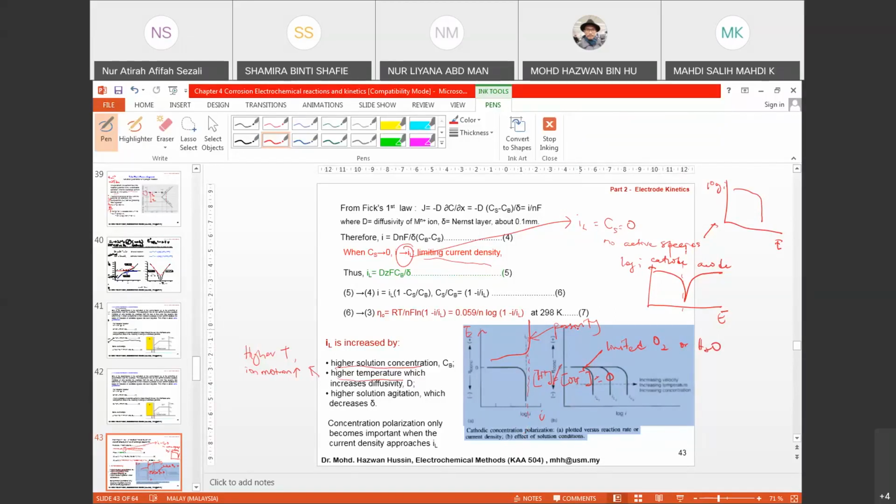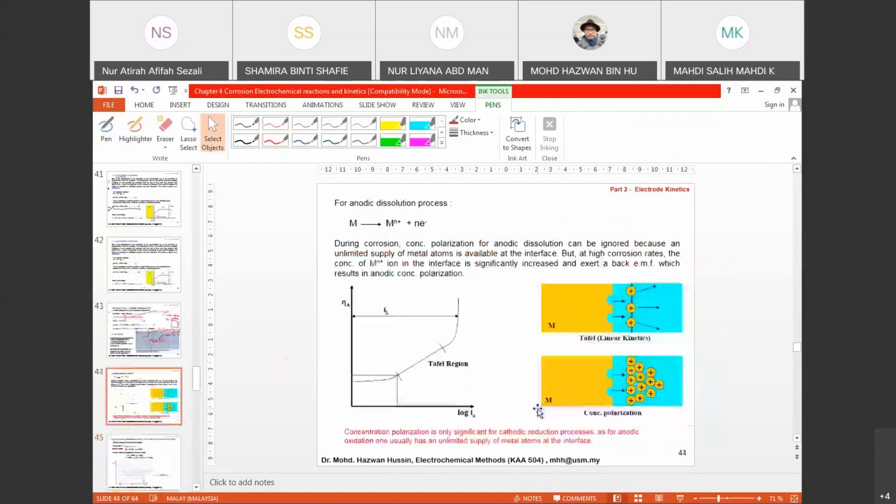For anodic, if you have limited current density, this is due to passivity, the formation of a passive layer on your electrode or metal that stops the further oxidation process of your metals.